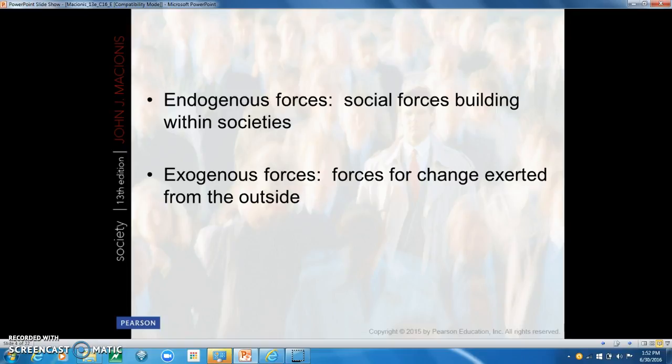Endogenous forces are results from social forces building within a society, such as the Great Depression, the legalization of abortion, the Social Security Act, and we can go on and on and on with different things that have occurred in our society. Exogenous forces are forces for change that are exerted from the outside, such as World War II in Europe and Asia.